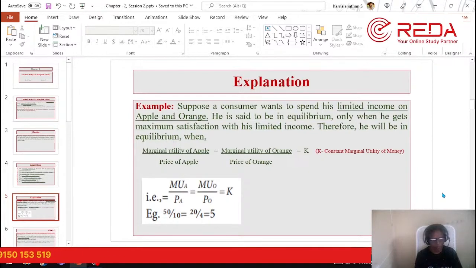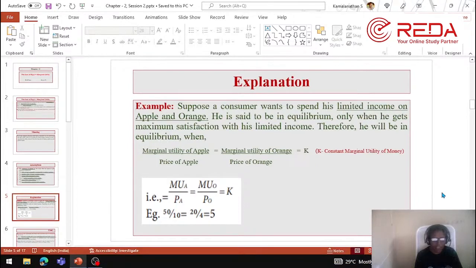P of O, that is the price of orange. Okay, suppose the marginal utility in consuming the orange is 20, and the price given is 4, if you divide both, you will get an equal value, that is 5, where this 5 is said to be the constant level of utility of the consumer.